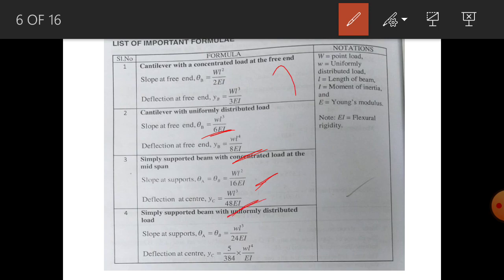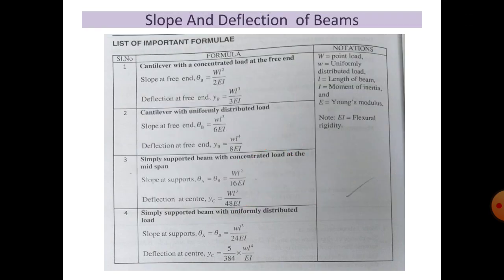These formulas you have to remember, very important. Without these formulas you can't solve the problems, so you have no choice. Otherwise you have to derive the formula on the spot as I derived it and then start solving, or you have to keep the formulas in mind.